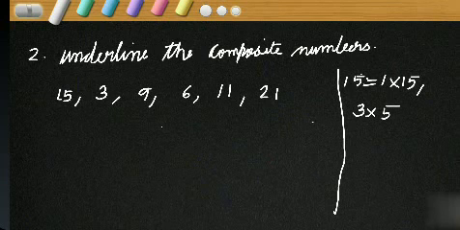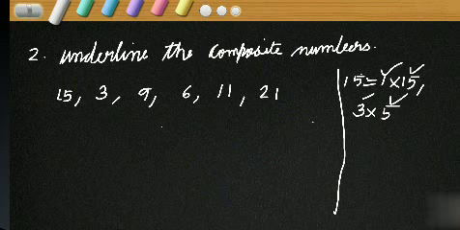No, this much only. So 15 has 4 factors, more than 2 factors. So it is a composite number. Do we need to underline 15? Yes, 15 is a composite number, so we need to underline it.